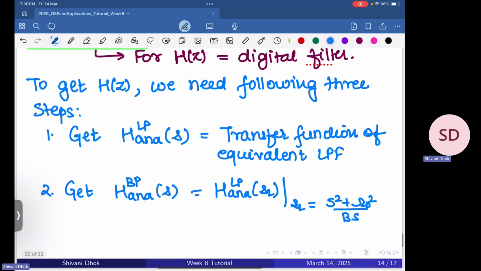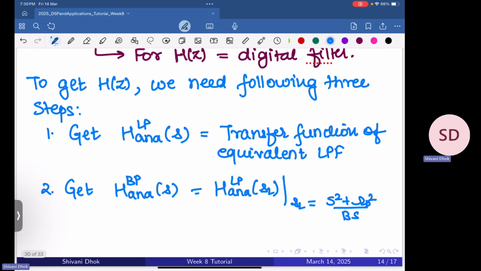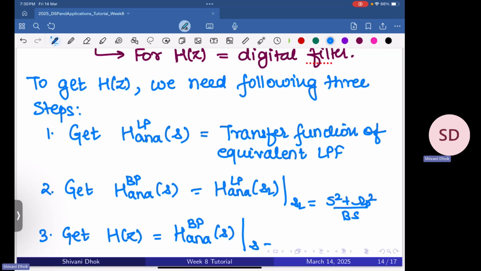And the last step is to get H of z, which is H analog band pass of S evaluated at S equal to 1 minus z inverse upon 1 plus z inverse. Is it clear? So these are the 3 steps that we need to follow.